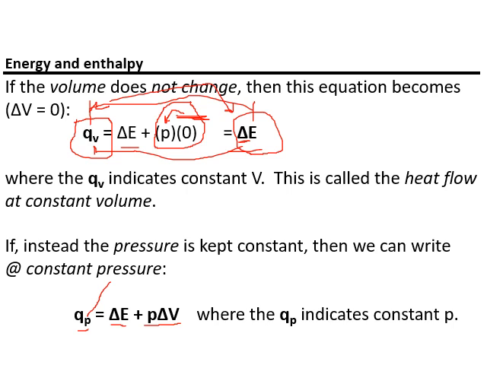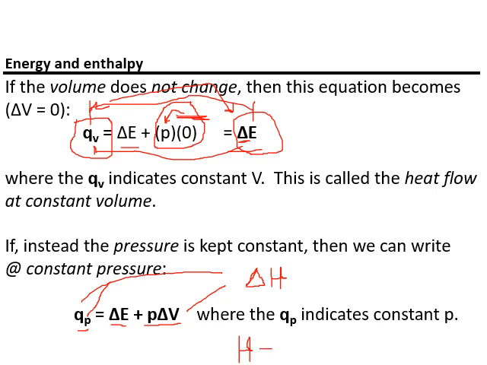So I'm just going to go a little bit ahead and tell you that when you have this situation, it's so common that they gave this Q a special name and called it delta H. So that's where the delta H, as in the change in enthalpy, comes from. And so what they designed this to be was H is going to be a state function that tells us what the heat content or the enthalpy is.